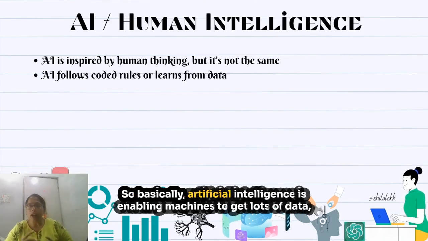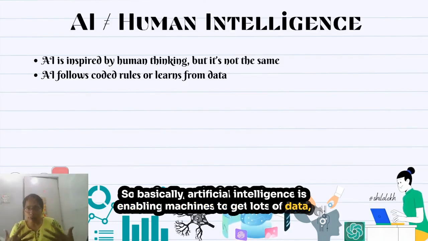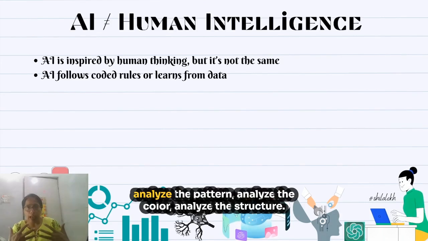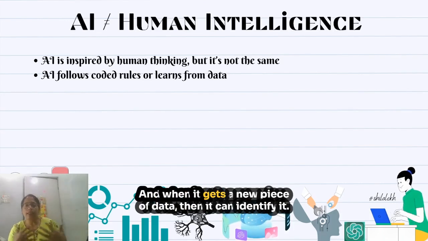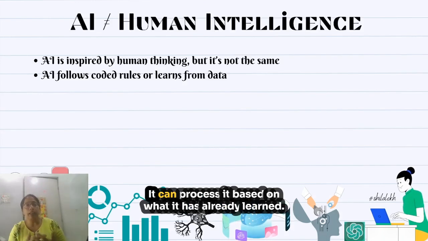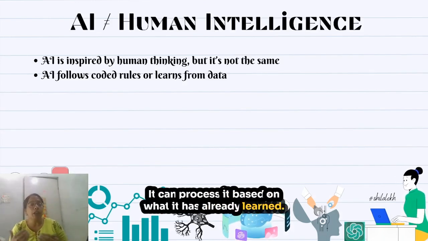So basically, artificial intelligence is enabling machines to get lots of data, analyze the pattern, the color, the structure, basically analyze the data and understand what it is about. And when it gets a new piece of data, it can identify it and process it based on what it has already learned.